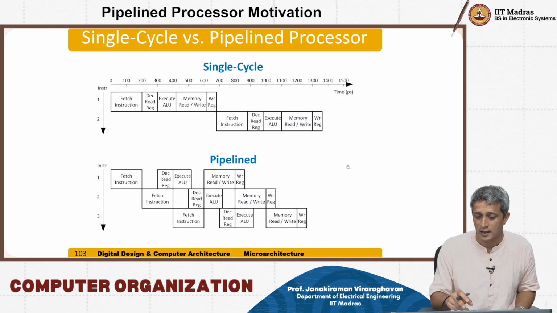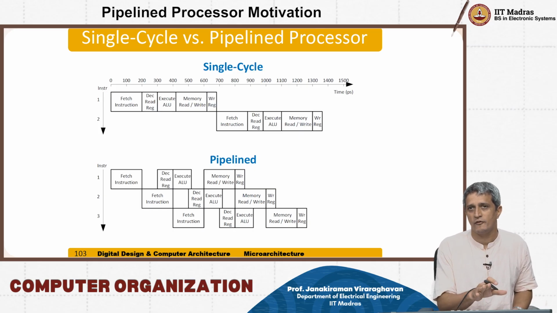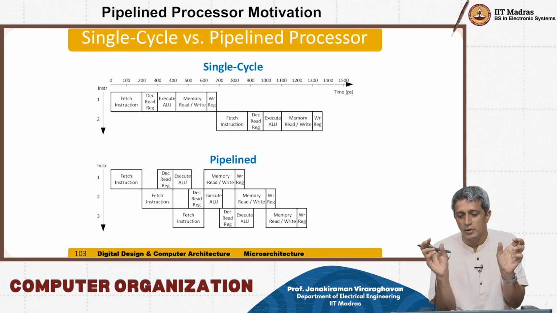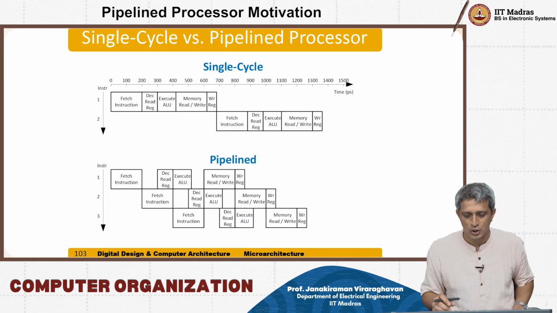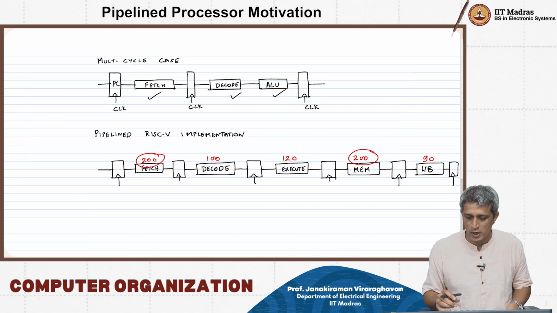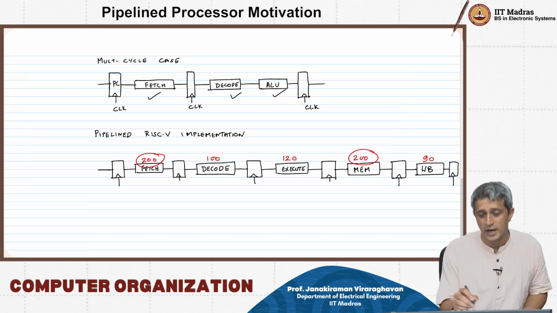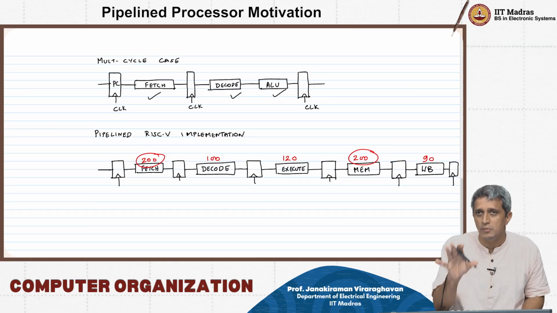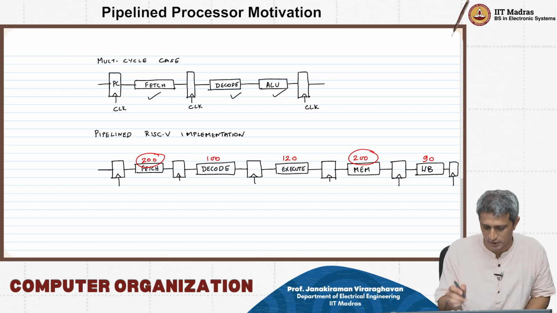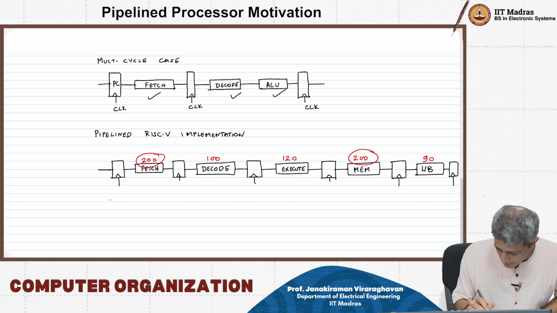That's why you see that memory read write block and fetch instruction have similar width of nearly 200 picoseconds. So we are going to assume that the clock period here is at minimum at least 200 picoseconds. Only then the system will work.